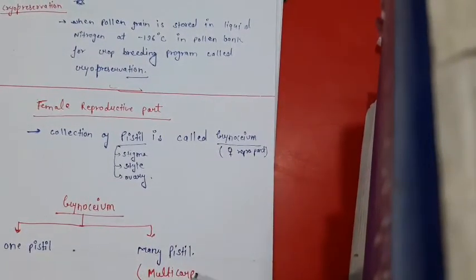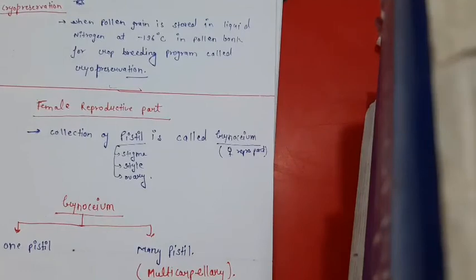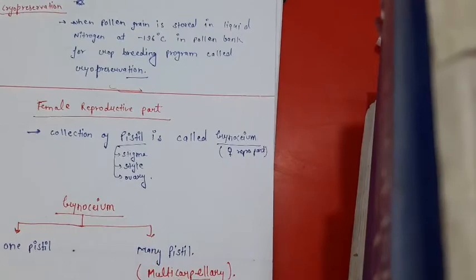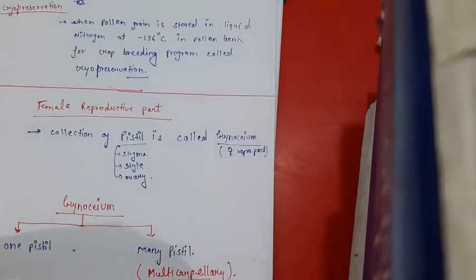Many pistils is called multicarpellary. Friends, carpel is also stigma, style, ovary collectively called carpel. So don't be confused. Multicarpellary is divided into two parts.